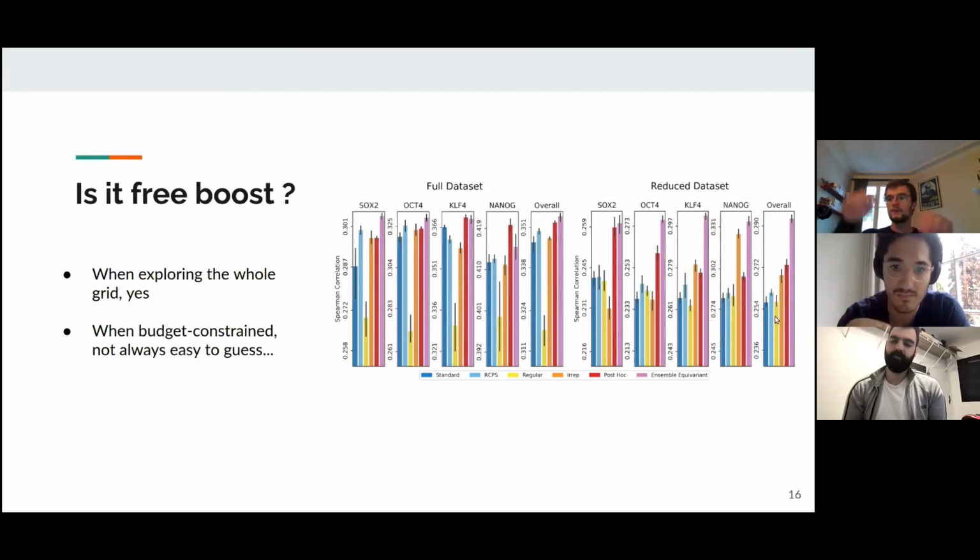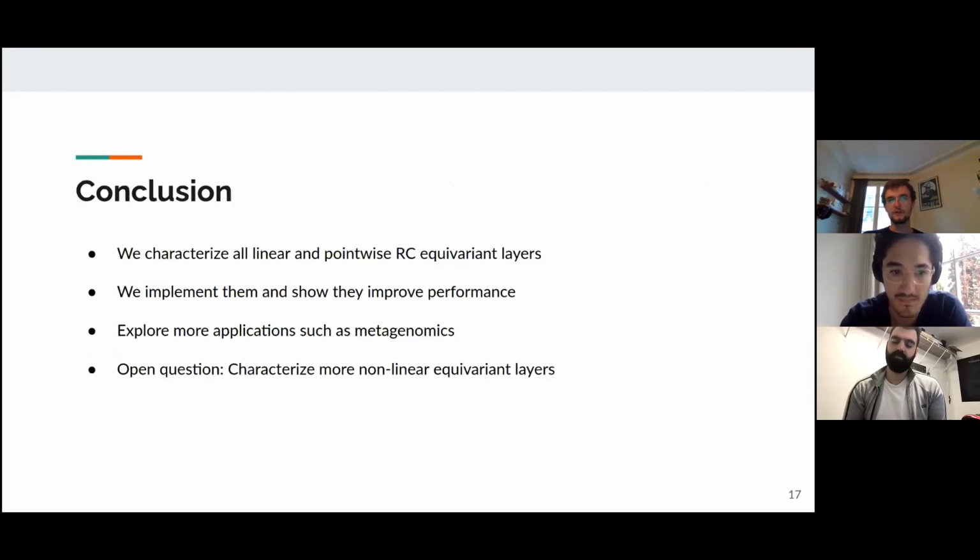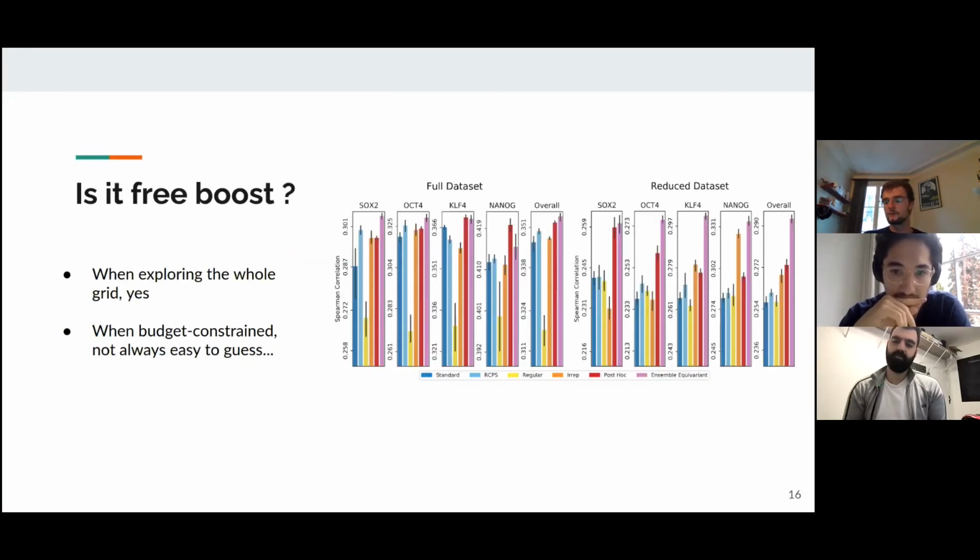If you pick specific functions in this space, sometimes it behaves better than what existed, sometimes worse, and if you don't have time to test it all on the validation set, sometimes we'll have bad surprises. So overall, I would say it's still a very useful tool because it enables boosting the results, but it also means a bit more work because you have to tinker a bit and try stuff to get the best performance.